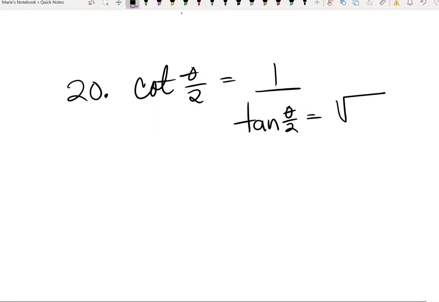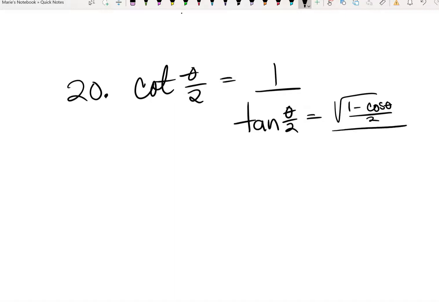So if I look at it this way, I'm going to use the square root of 1 minus cosine theta over 2 over the square root of 1 plus cosine theta over 2. So I'm using the half angle formulas for sine and cosine in this case.